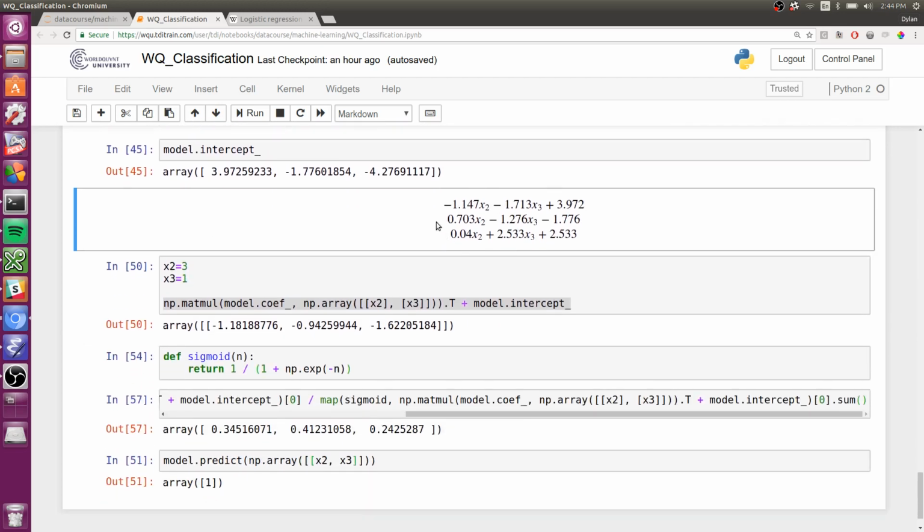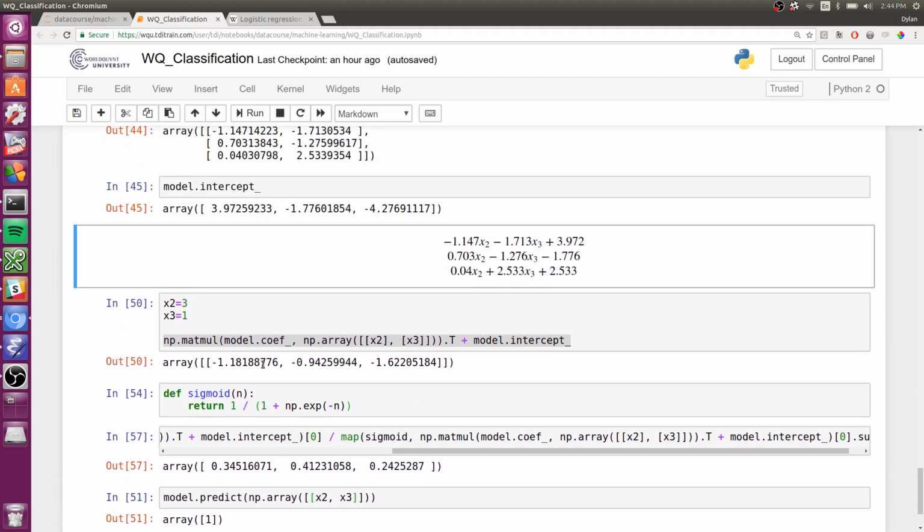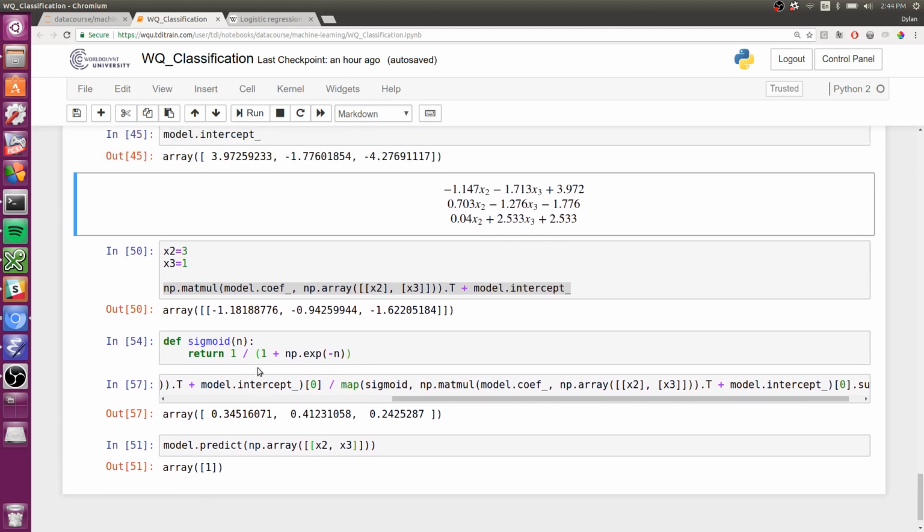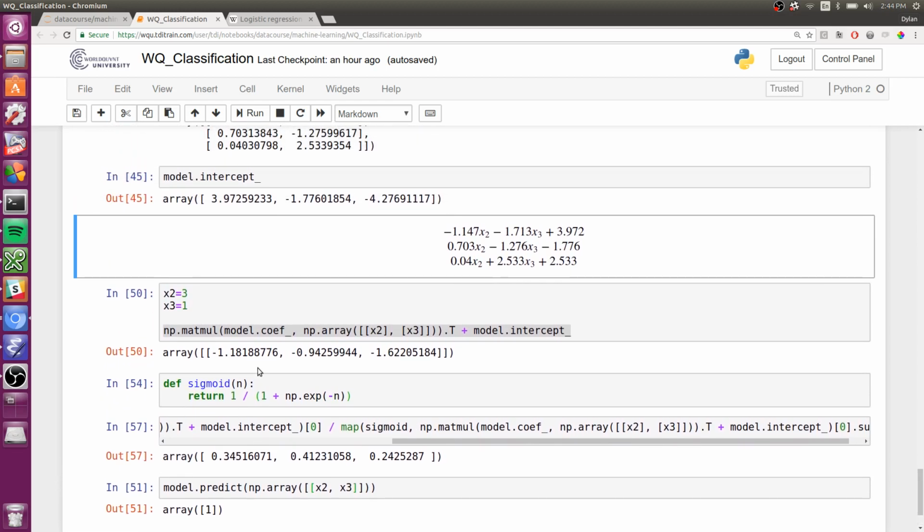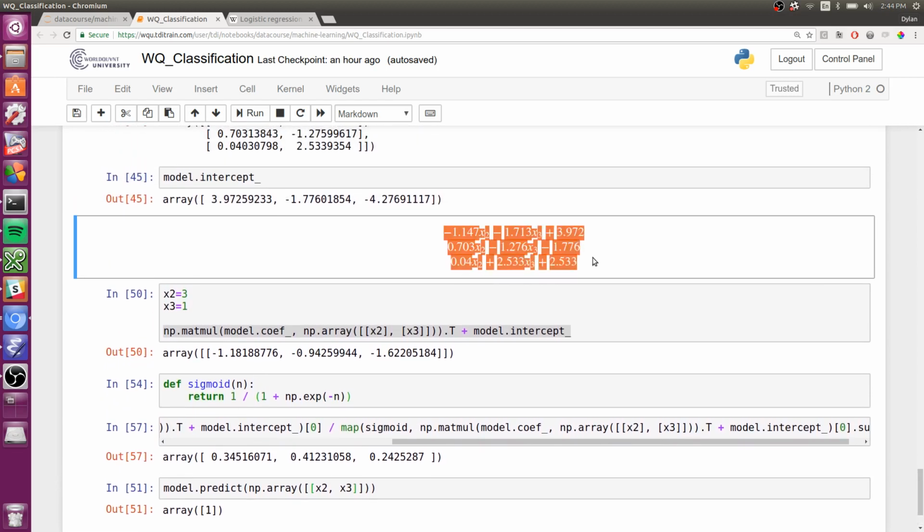So there's not an analytical solution for what these coefficients should be, unlike in ordinary least squares linear regression. But we can use gradient descent to fit these logistic regression models.